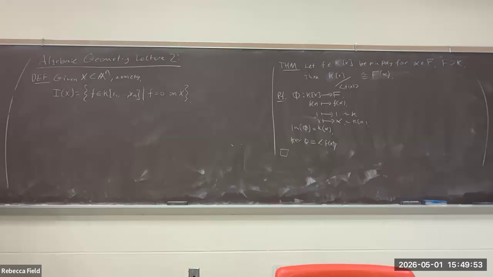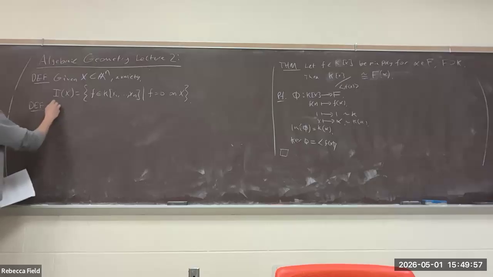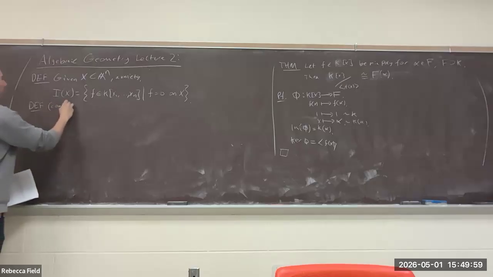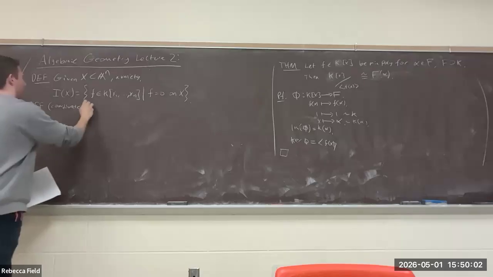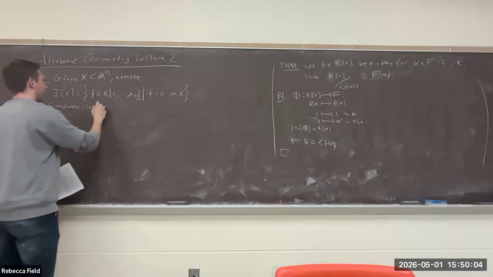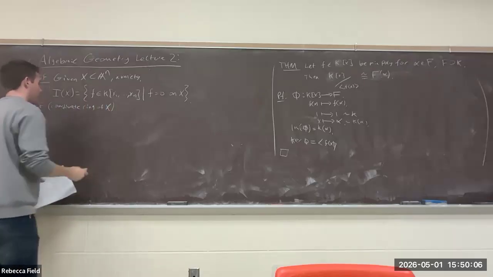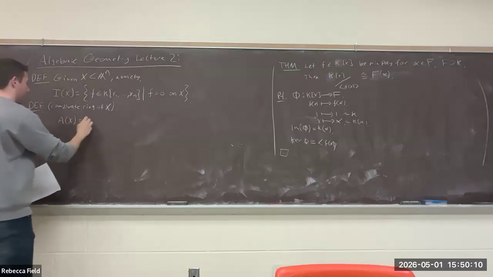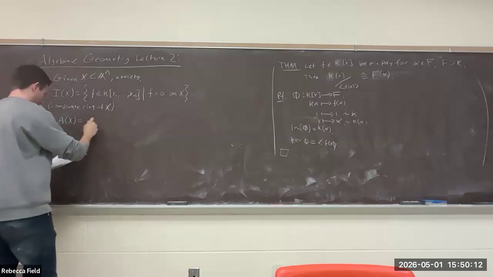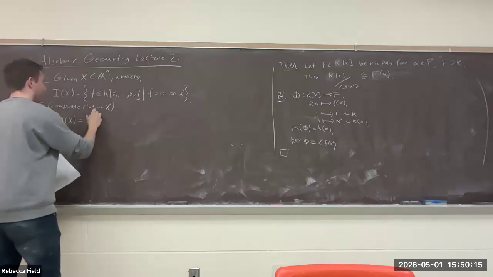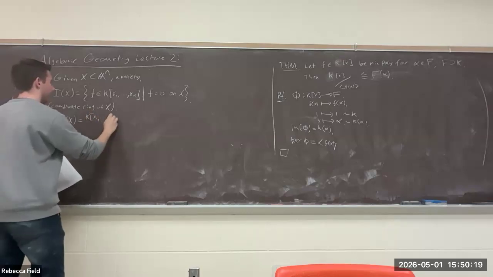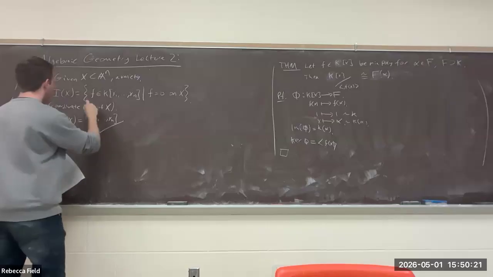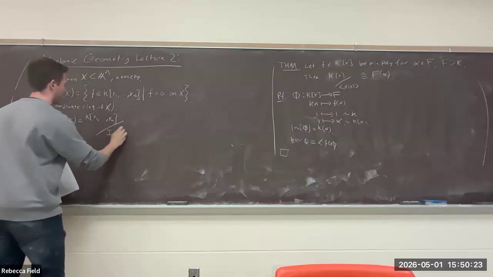We'll define this thing called the coordinate ring of the variety. And so we'll call this A of X. And this will just be our base space mod the ideal of the variety.